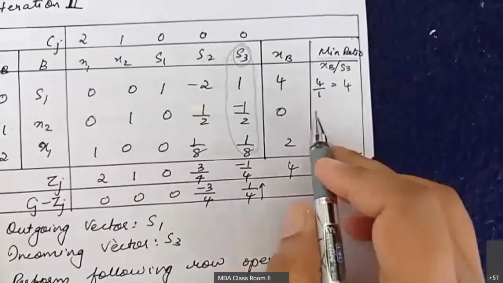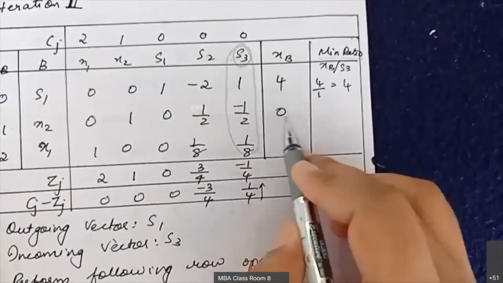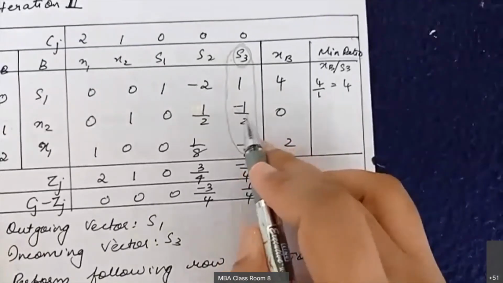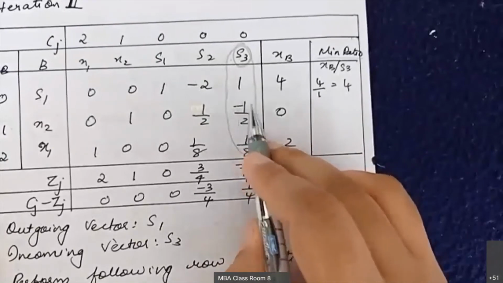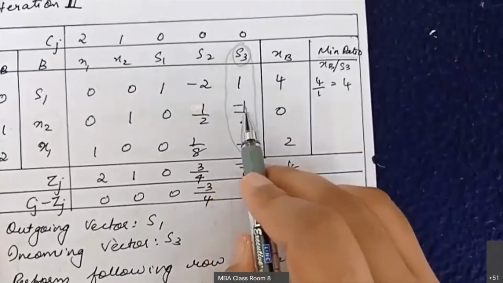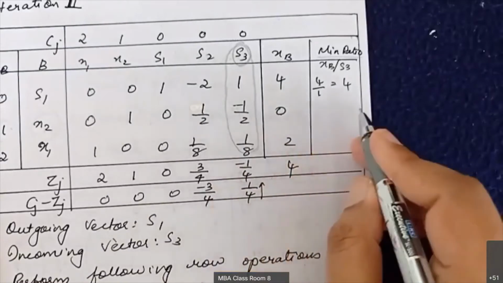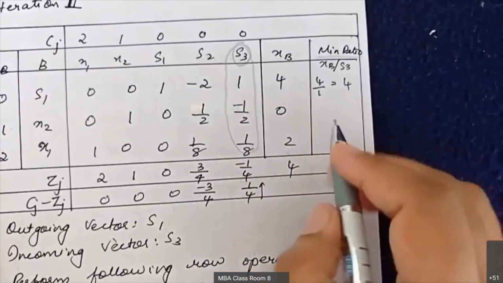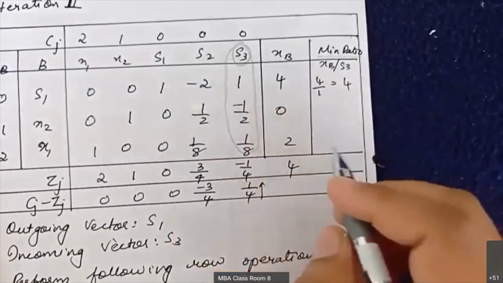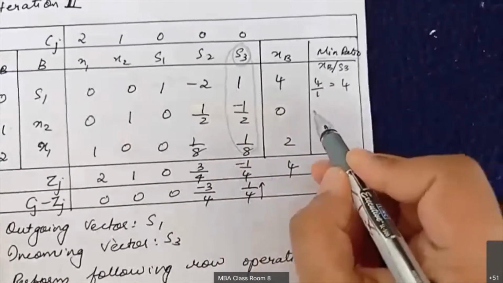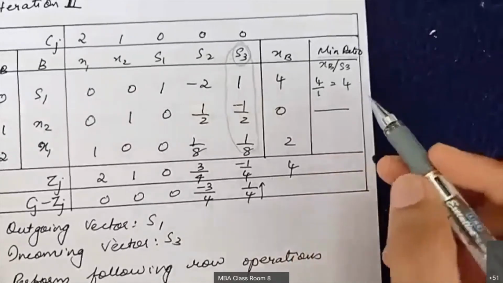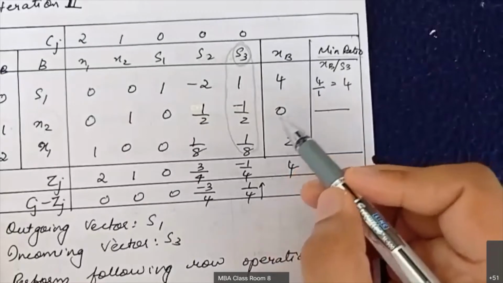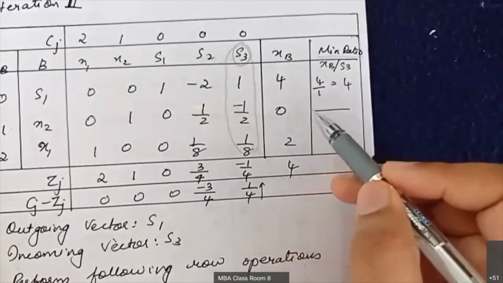Is it clear? Even though the numerator is 0, if you're going to divide that numerator by a negative number that comes from the key column, in such cases, don't enter anything into the minimum ratio. Make it very sure. Please make a note of it. That is why I took this question itself, so that I can show it to you. So I don't have to enter anything over here. Once more, I'll repeat it. Any 0 divided by any other number, you will get 0 itself.